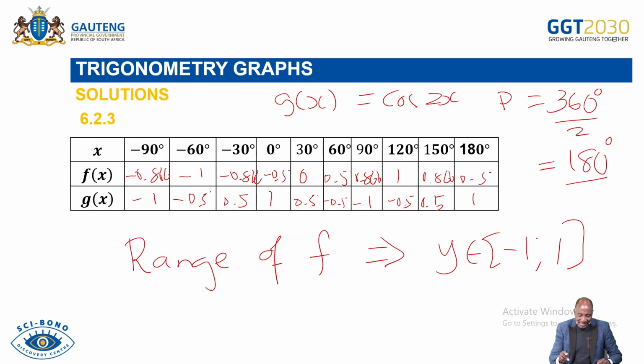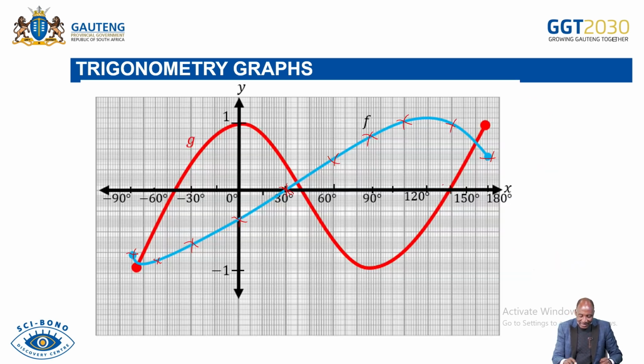Likewise, you go to the other graph, cos 2x. It starts at negative 1, then goes to negative 0.5, and so on. At negative 90 it is down here, at negative 60 it is negative 0.5, then it crosses here, then at negative 30 it is up there at 0.5, at 0 it is at 1, then it comes back to 0.5, then it crosses here, then it goes to 60, that is your negative half, then it continues to the turning point and so on.